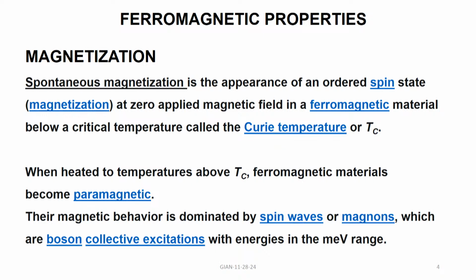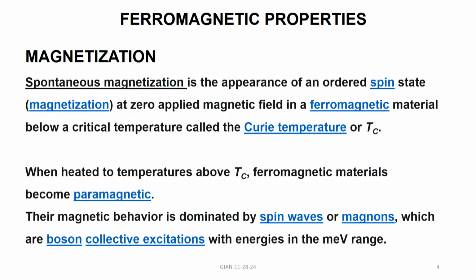So, ferromagnetism is spontaneous magnetization, and it arises because of an ordered spin state in a magnetic material in the absence of any external field. It happens below a certain critical temperature, which we know is the Curie temperature. When heated above the Curie temperature, it becomes paramagnetic.